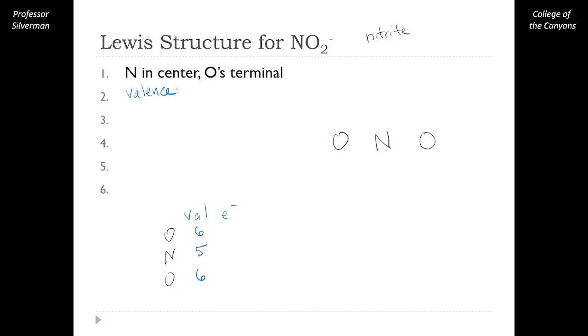It looks like we have 17 electrons, but don't forget this -1 charge. That -1 charge means we have an extra electron. So we get to have a total here of 18.